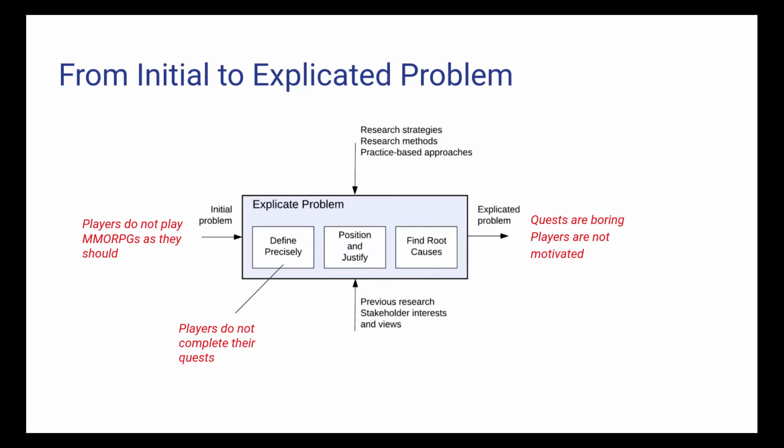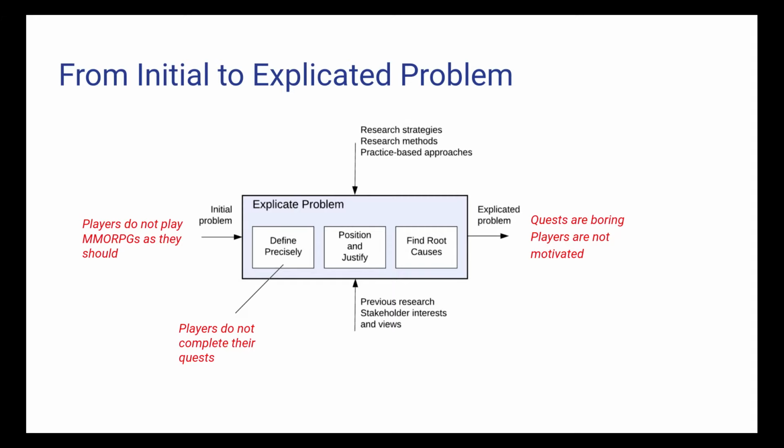And to summarize, here is how we moved from an initial to an explicated problem. We started with a very vague initial problem. Players don't play MMORPGs as they should. We then narrowed this problem down, we made it more precise, and we chose to address the problem of players don't complete their quests.